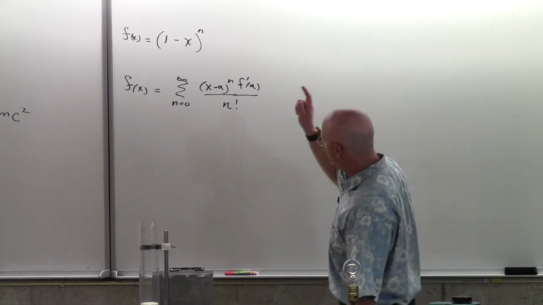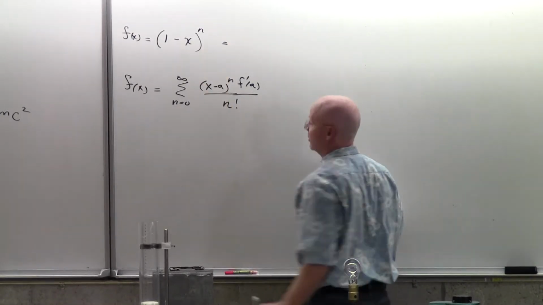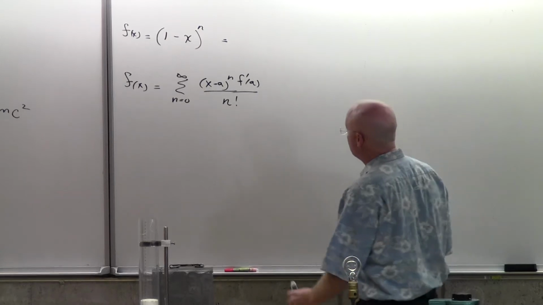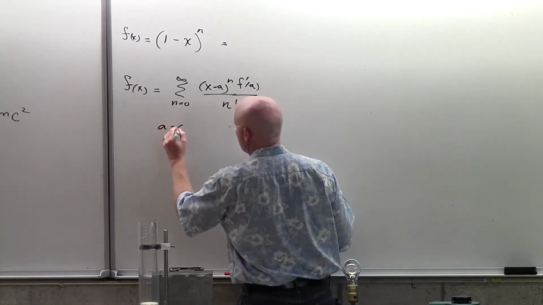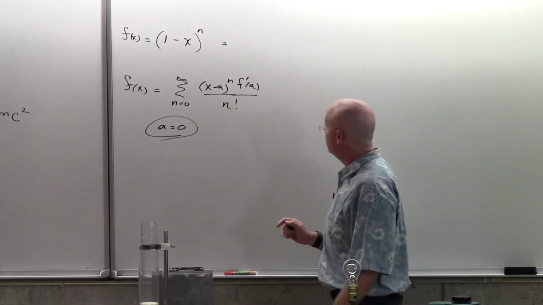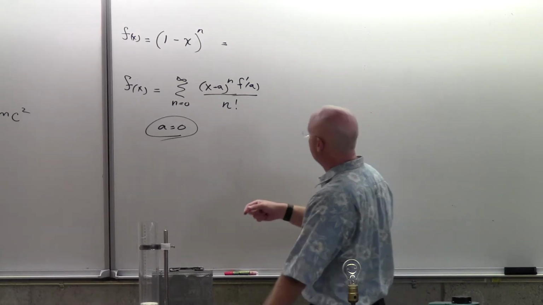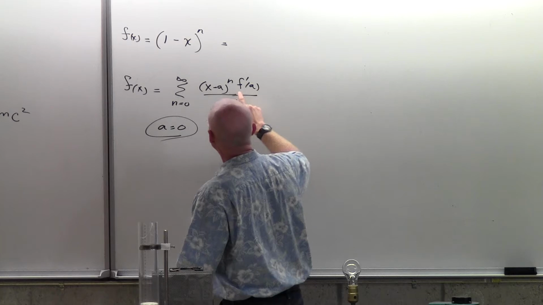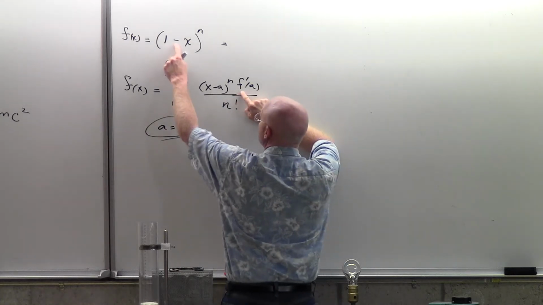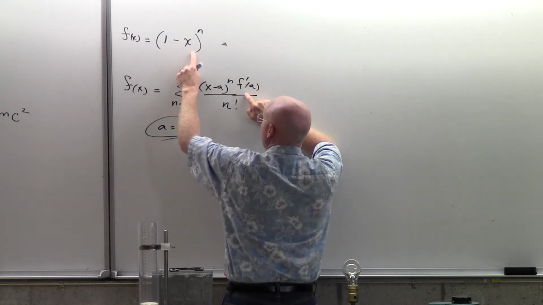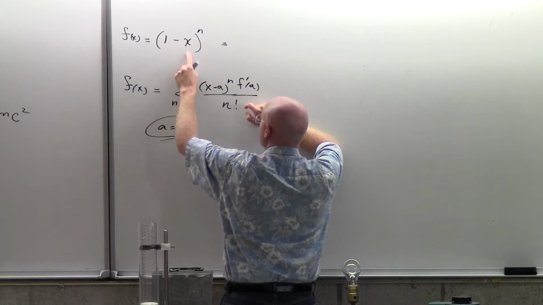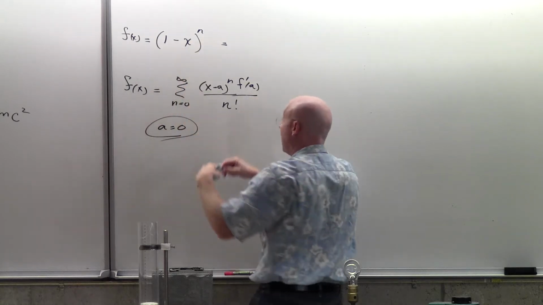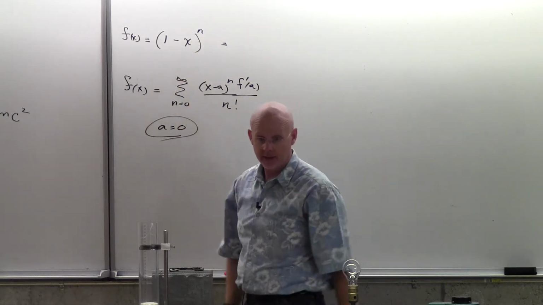So let's say I do this for this function. Let's set a equal to 0 for simplicity, because what's nice about it is when I set a equal to 0 here, I will get 1 minus 0, which is 1, raised to any power is still 1.